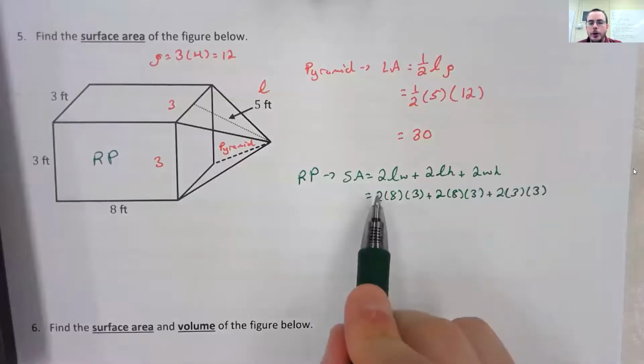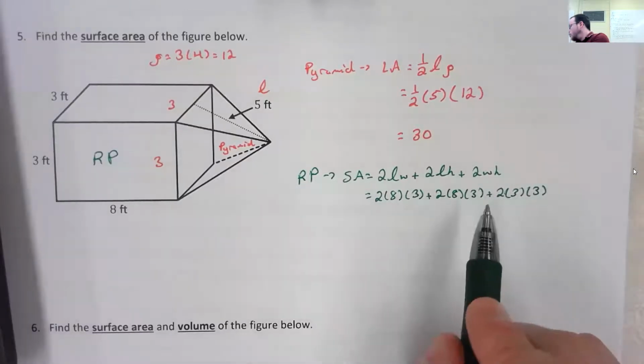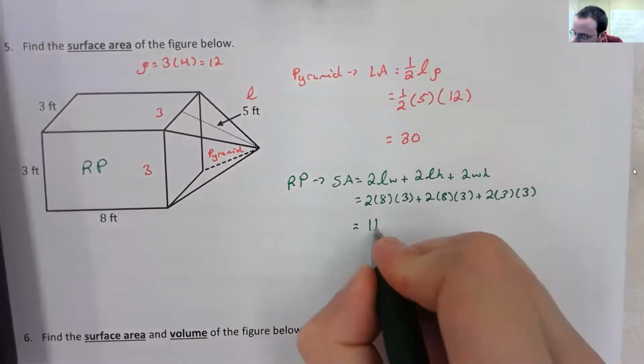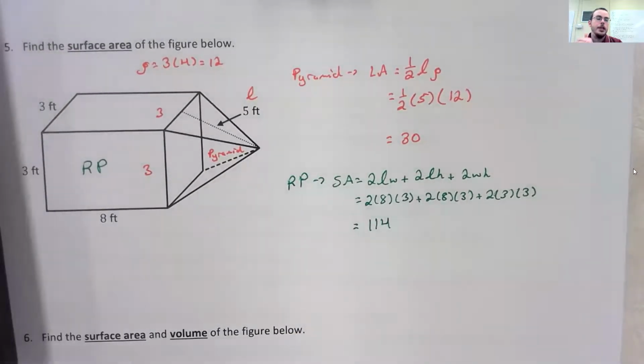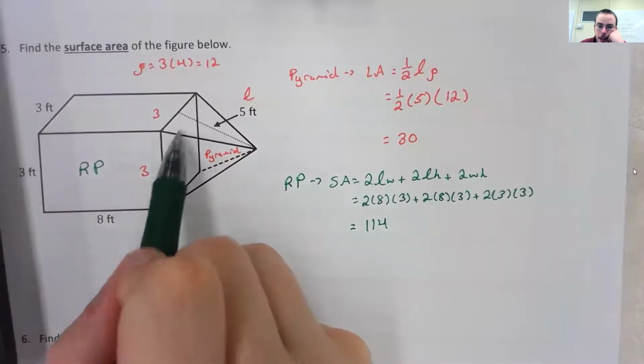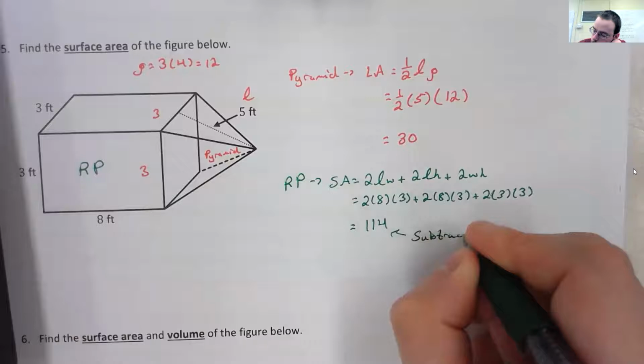If you were to add all of that together, you would end up with your surface area being equal to 114. However, that's for all 6 of the faces showing. We have one that is not showing. So we have to get rid of the area of a square. So subtract the area of the square.